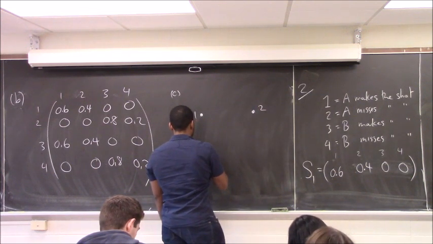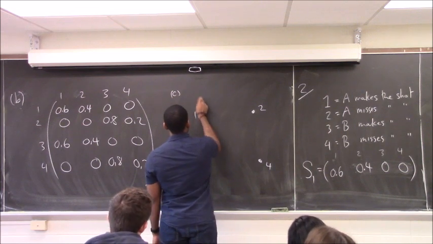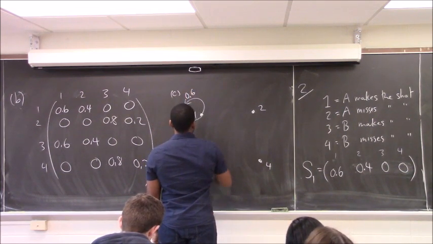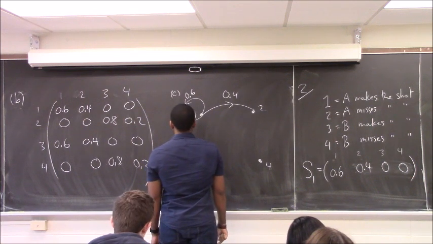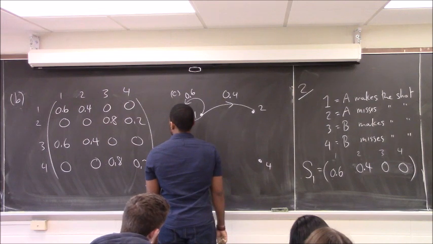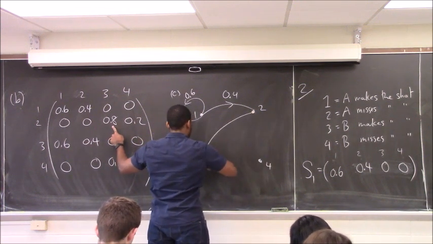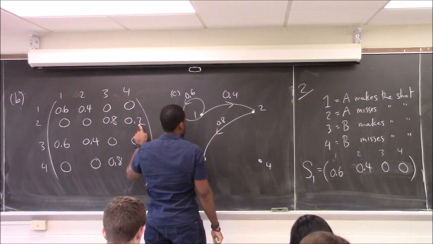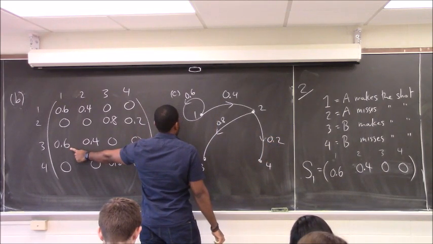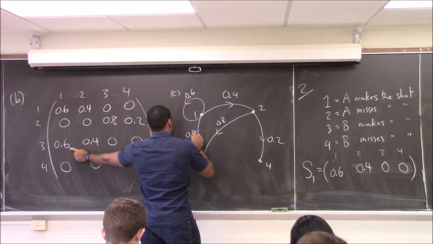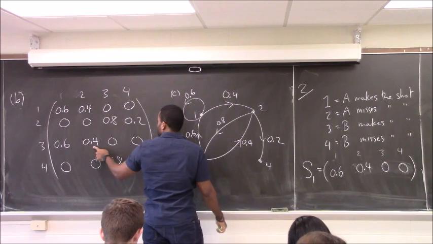1, 2, 3, 4. 1 goes to 1 with 0.6. 1 goes to 2 with 0.4. 1 does not go to 3 or 4. 2 goes to 3 with 0.8. 2 goes to 4 with 0.2. 3 goes to 1 with 0.6. 3 goes to 2 with 0.4. 3 doesn't go anywhere else.